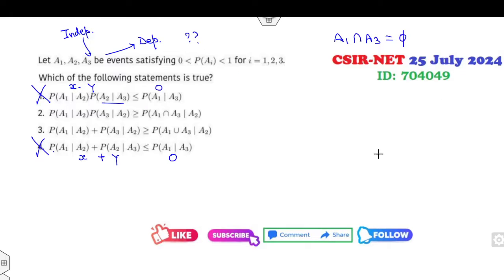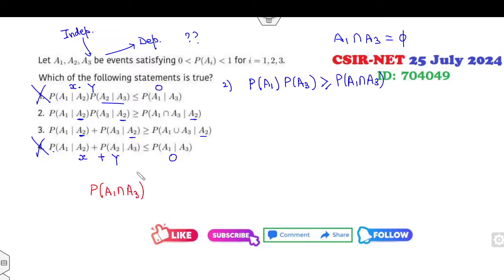Now we can think about another example. If you look at it, A1, A2, A3 are all the same. So if I look at the second option, P(A1) into P(A3) is greater than or equal to P(A1 intersection A3). That's very simple. Easily you can discard it. Why?